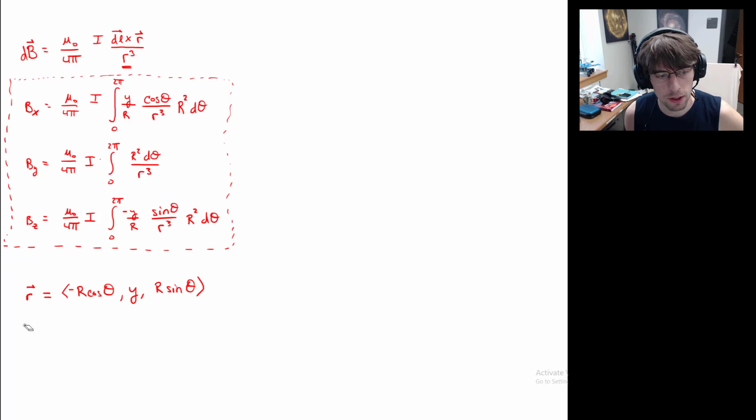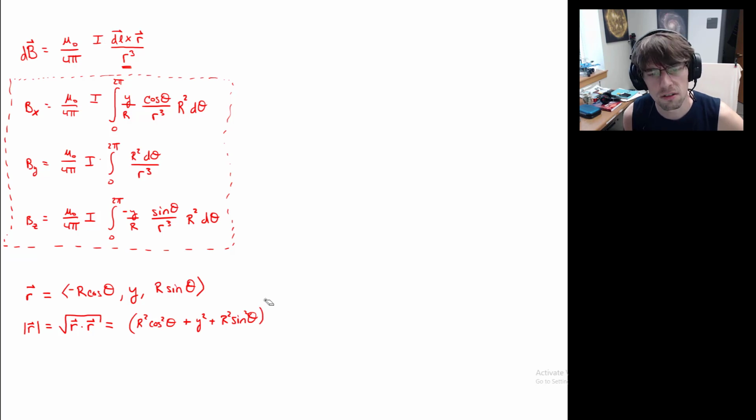Let's get the magnitude of r. In fact, I'm going to use the idea that that's simply r dotted into r and then square rooted. It just helps a little bit. So this is r squared cosine squared of theta plus y squared plus r squared sine squared of theta. Maybe this isn't so bad after all, because I have a cosine squared and a sine squared.